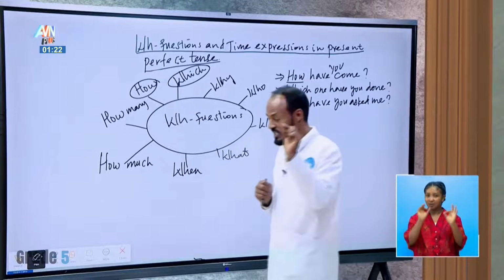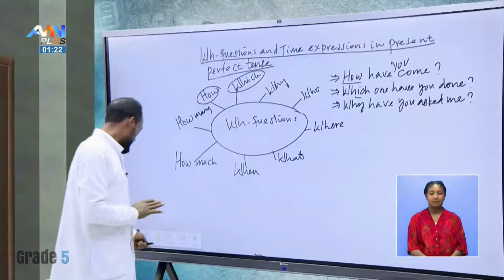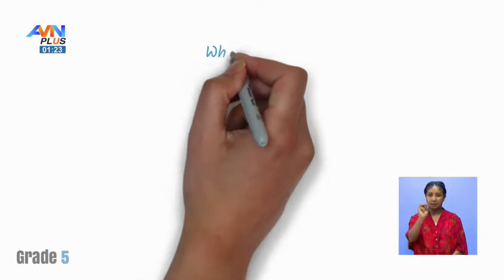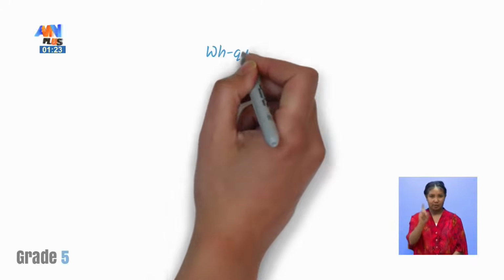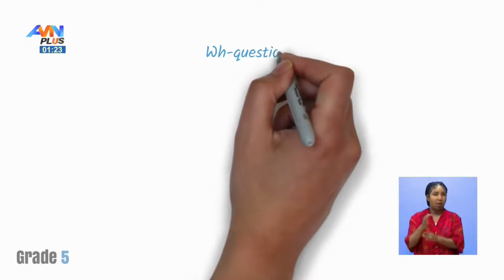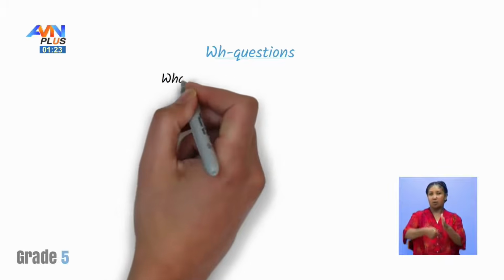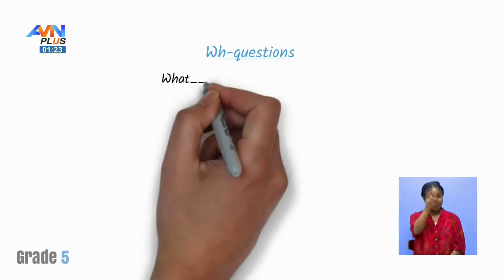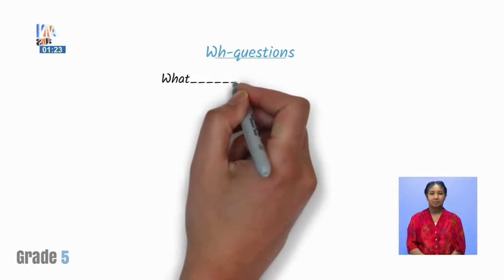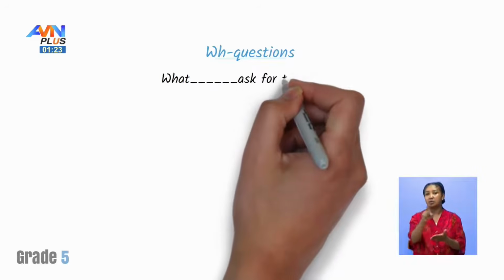Now it's time to see each concept one by one. So here, the WH words. We will talk about their functions. What? We use what to ask for things, or maybe for information.